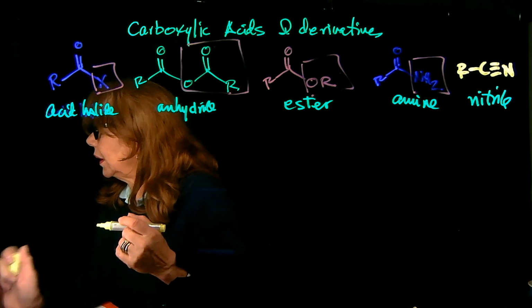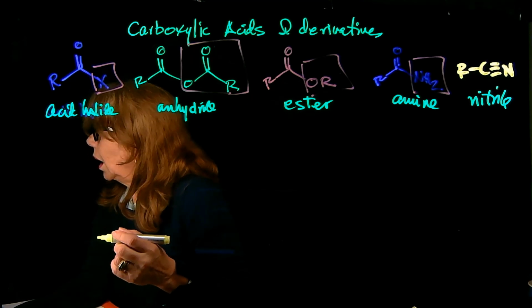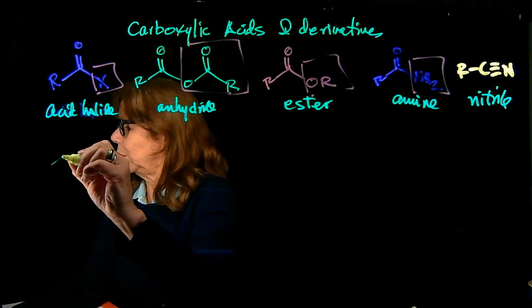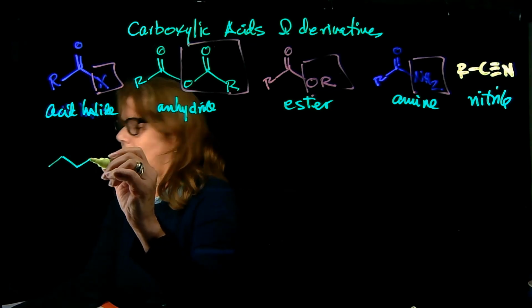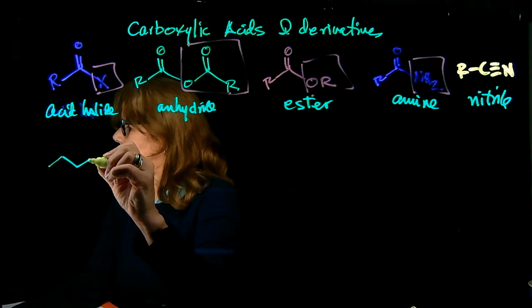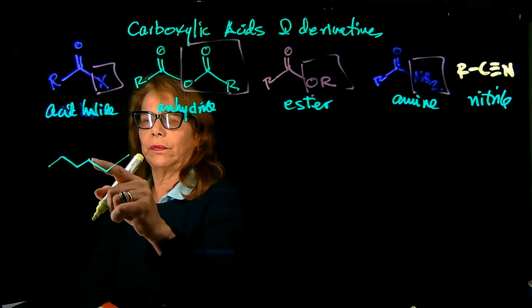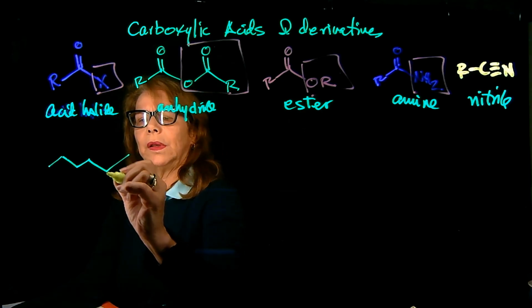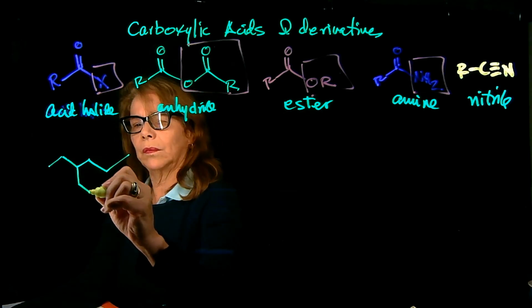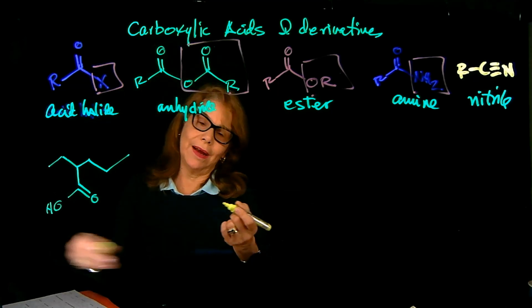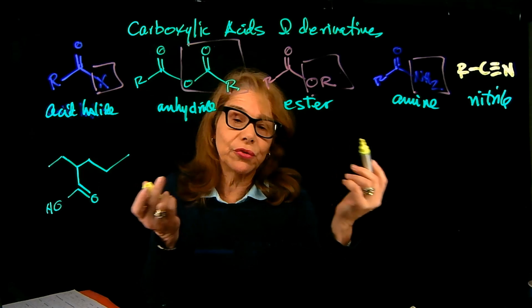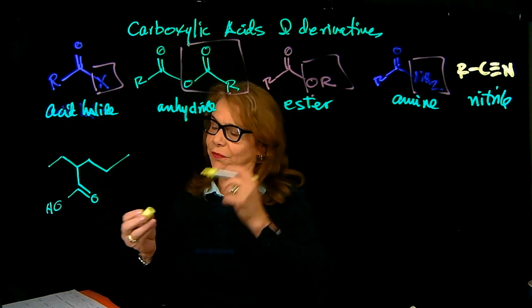So what do I have here? Okay, so one example is 1, 2, 3, 4, 5, 6, and let's say that I have this. Here notice that we need to always choose the longest chain that contains the functional group.